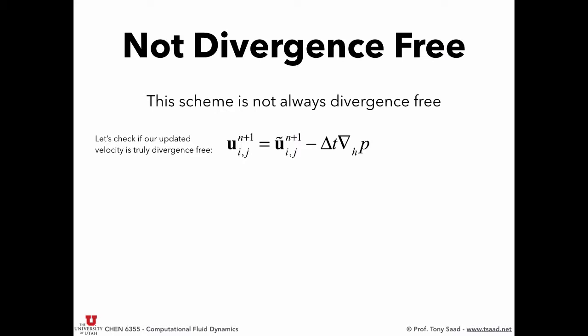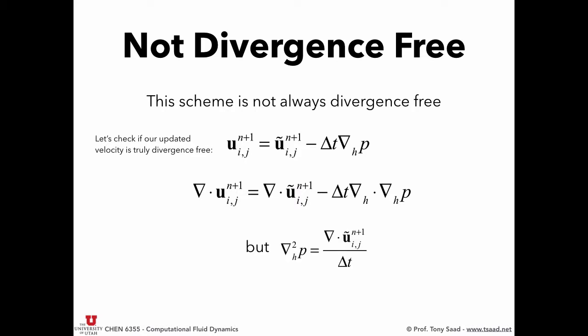So I'm going to take the divergence of u n plus 1, which is div u tilde minus delta t div grad p. But I'm going to do something here. Rather than say div grad is equal del squared, I'm going to keep it in this form, div grad p. But we are solving del squared p equal this guy. Okay, so this is a given for us.